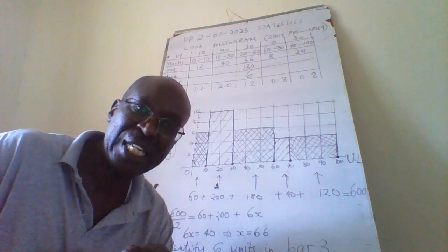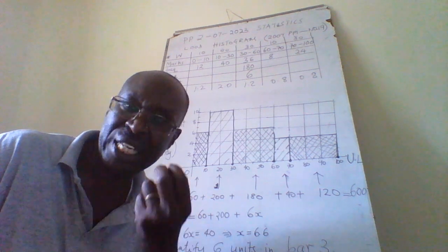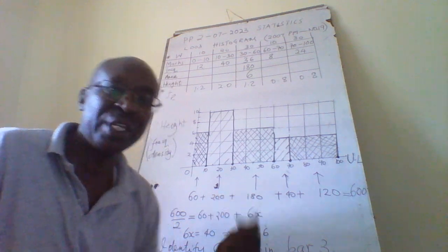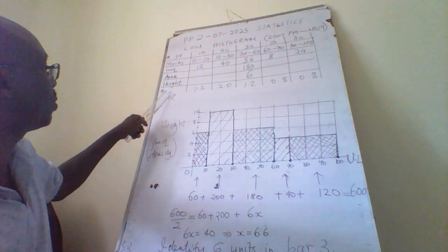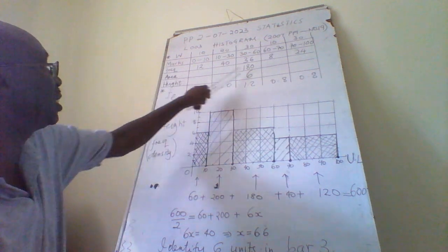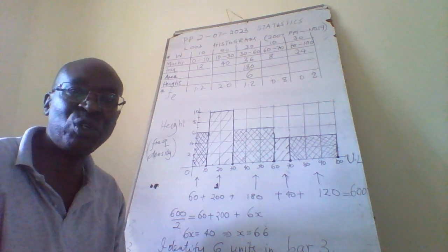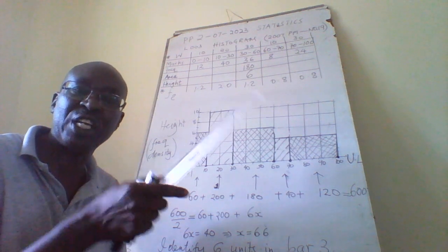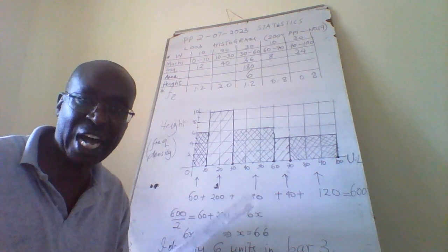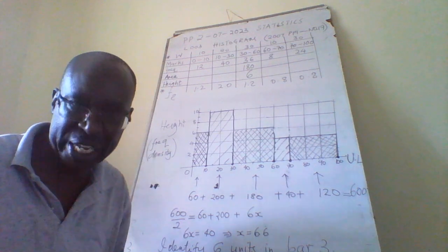Frequency density and heights are very closely related. In our scenario, you can see we are getting frequency density 1.2, but the height is 6. And remember, I told you that frequency over width can be multiplied by a factor which will convert the decimals to whole numbers.